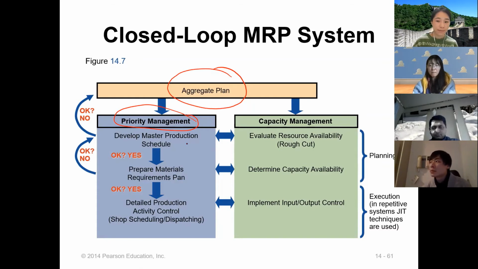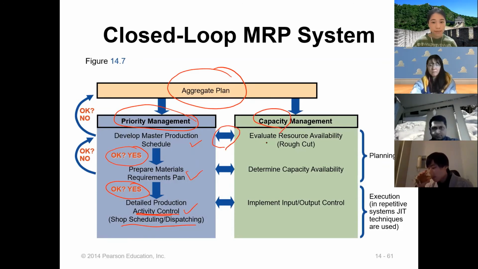Then you develop your master production schedule. If it is okay, you prepare your materials requirement plan. If it is okay, you prepare your detailed production activity control. That is your shop scheduling or dispatching.